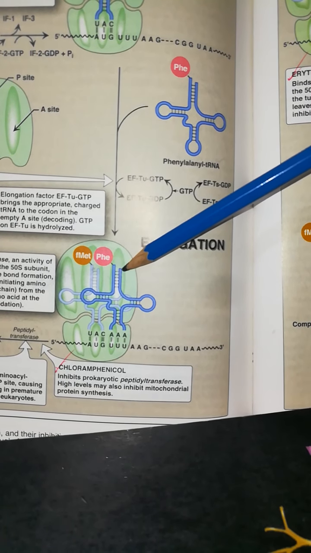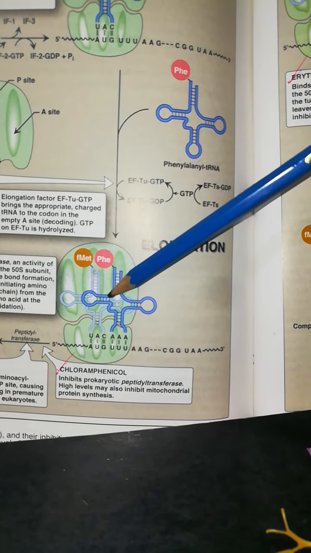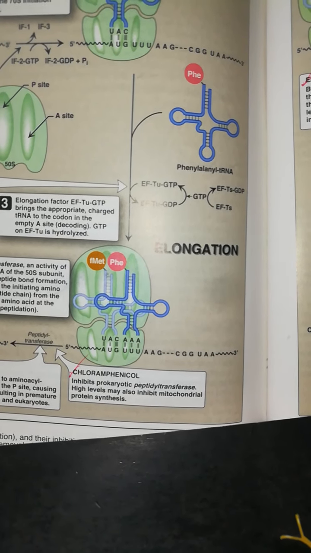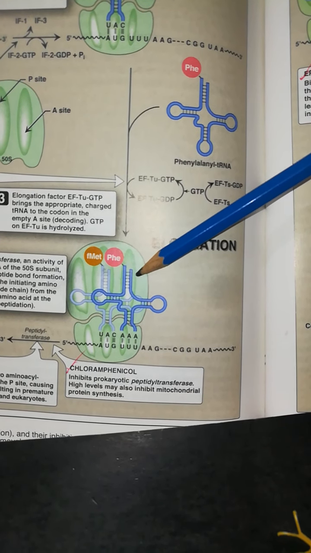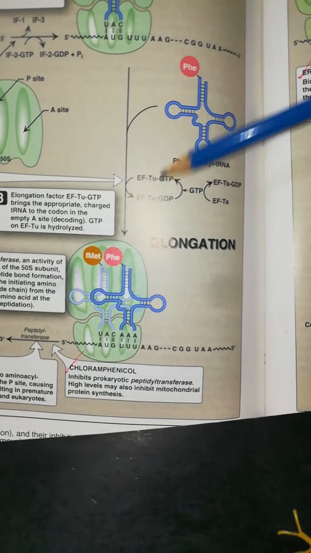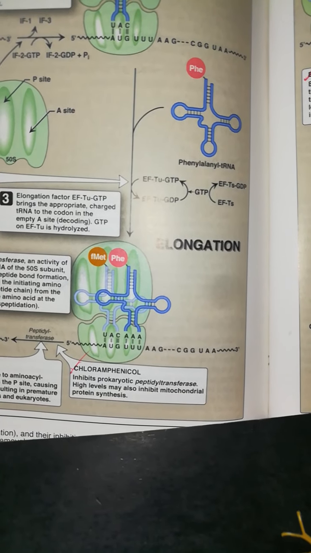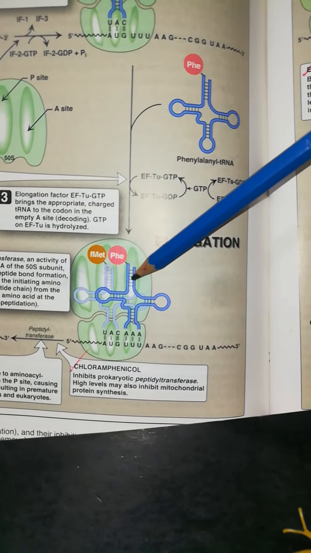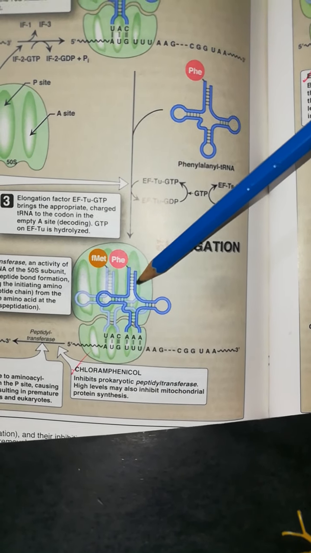If we block the A site, a new tRNA cannot enter through the A site. That's why by taking tetracycline we can inhibit the A site of the bacteria, and the bacteria cannot elongate the translation process. As the A site is blocked, a new tRNA cannot come.